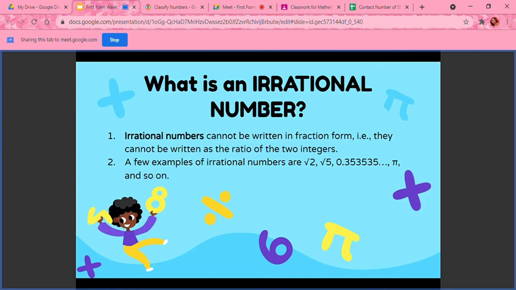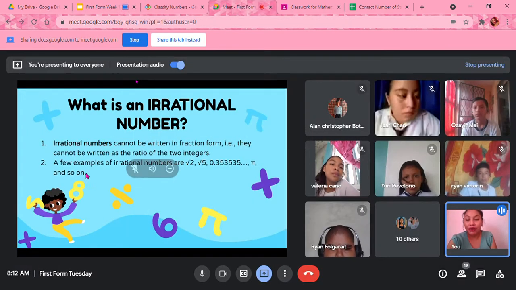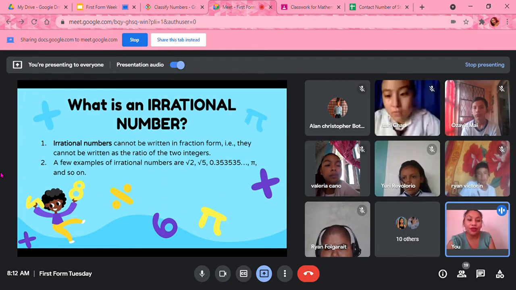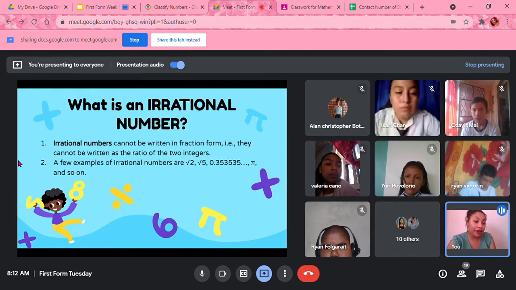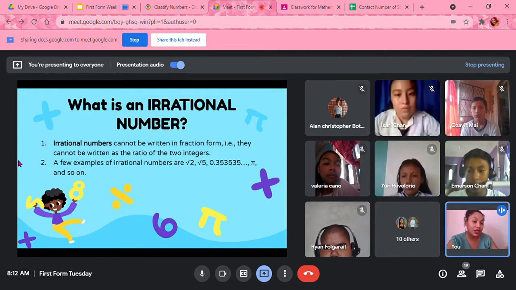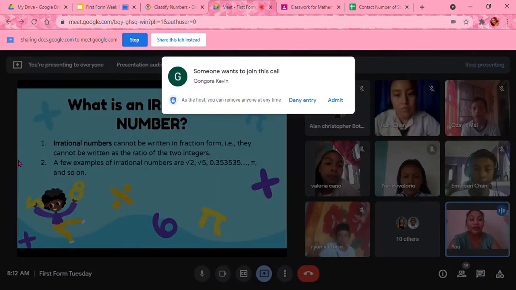For example, if you have a calculator on your phone, what is the square root of 2? What is the square root of 5? 0.353535, never-ending 35. Those three dots, the ellipsis, means that it continues. I'm repeating 35 and 35 and 35, and it's never going to end.